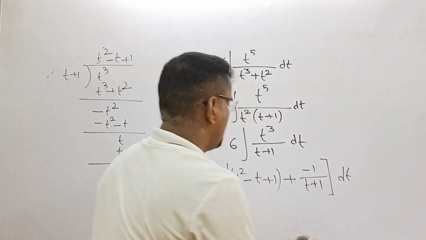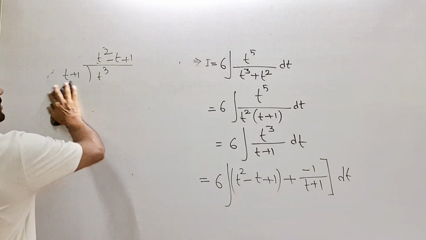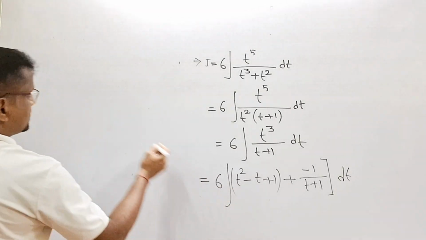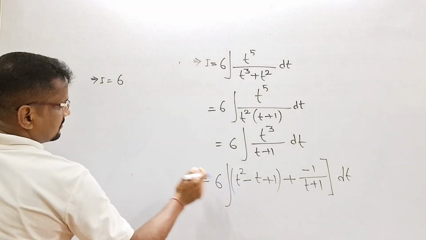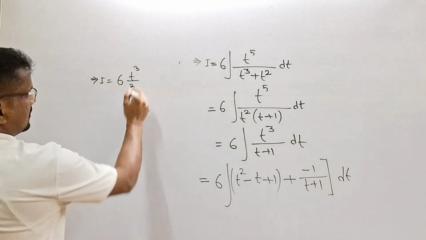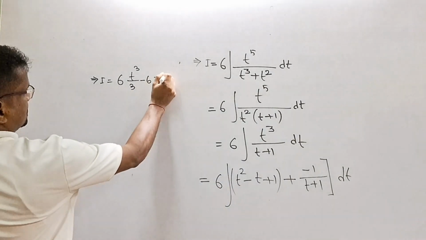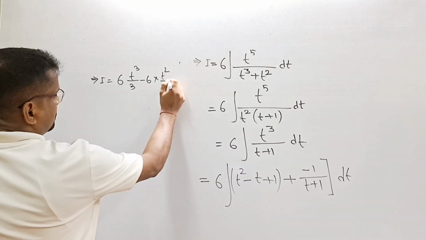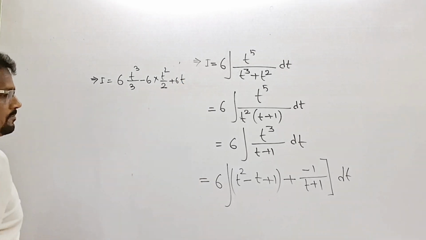Now by the long division method you can find out this value. After that it's nothing but simple integration. 6 times I equals 6 times the integration of t squared, t cube by 3, minus 6 times the integration of t into t square by 2, plus 6 times, so plus 6, it is 1 dt, integration of only 6t will come.